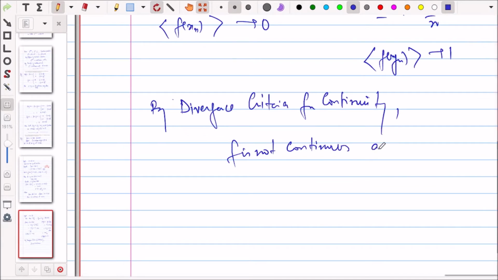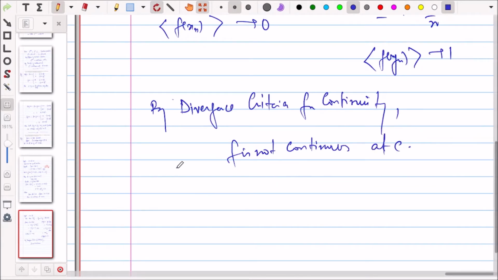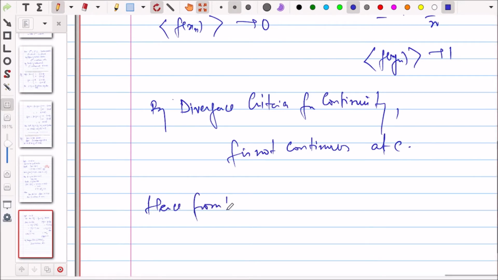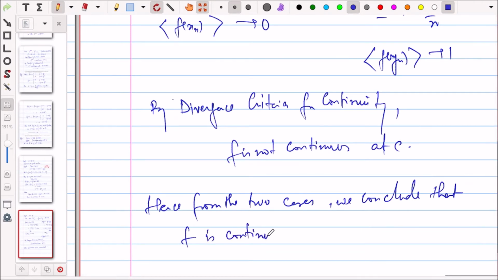So f is not continuous at c. So hence from the two cases we conclude that f is continuous only on R minus Z.